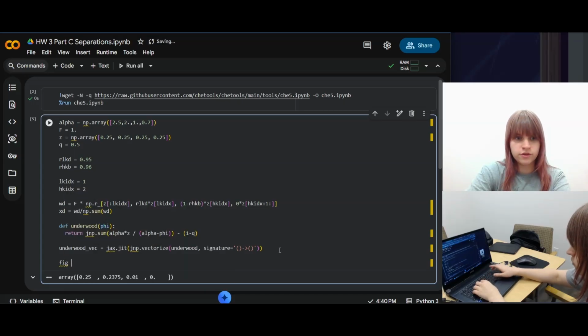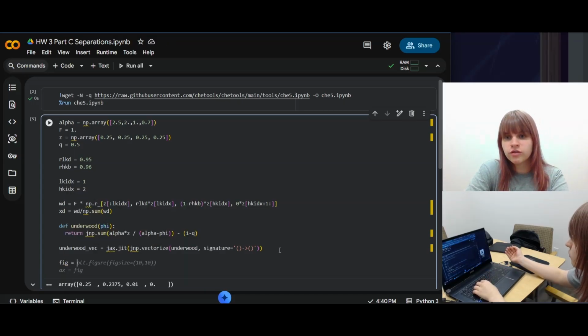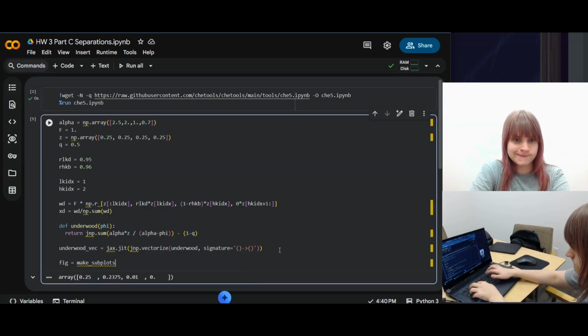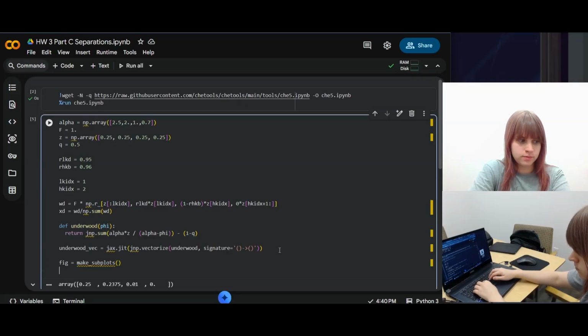And now we are ready to make a figure. This figure is going to help us to determine what phi value is the correct phi value to use. And we're going to make some test points for phi that I'm going to call phi's.